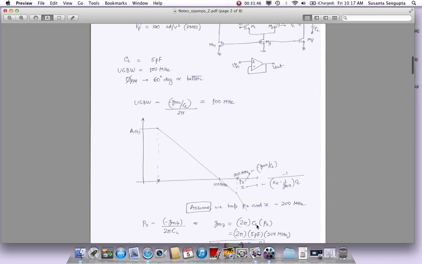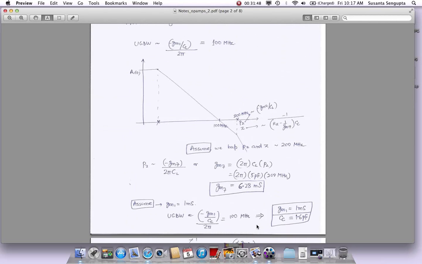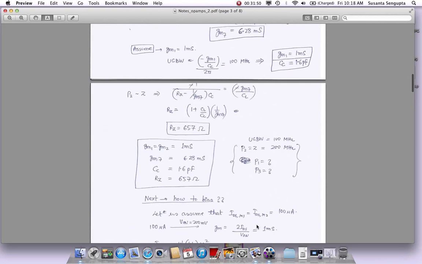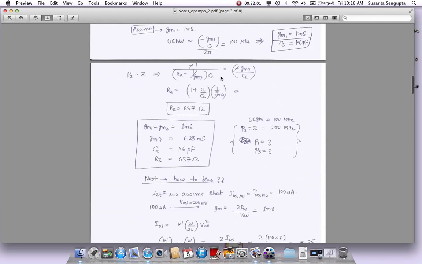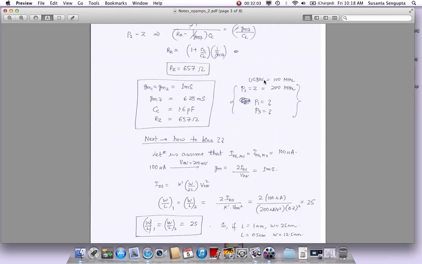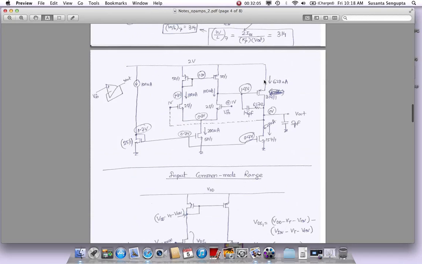So in this exercise, it is not possible for me to give you an exact phase margin number. But we kept these things far enough, and also the pole and zero, to make sure the phase margin is at least 60 degrees or better. But how to get an exact phase margin number, how to get an exact unity gain bandwidth number, that is something that you're going to get from the simulator when you put this design.